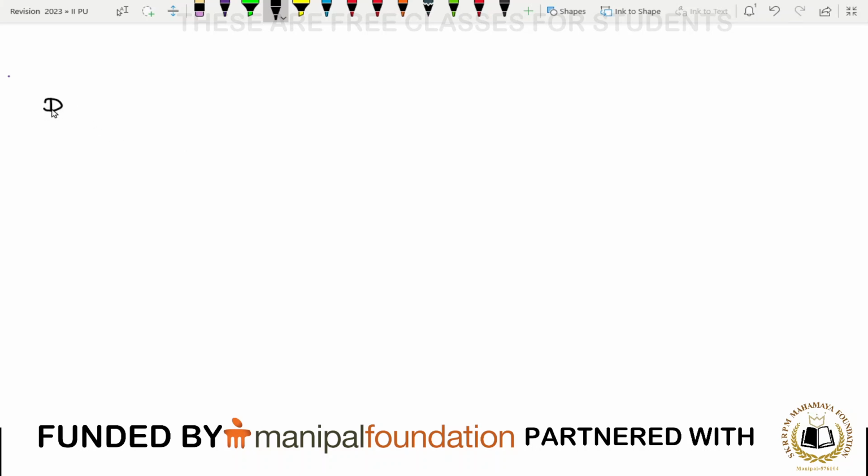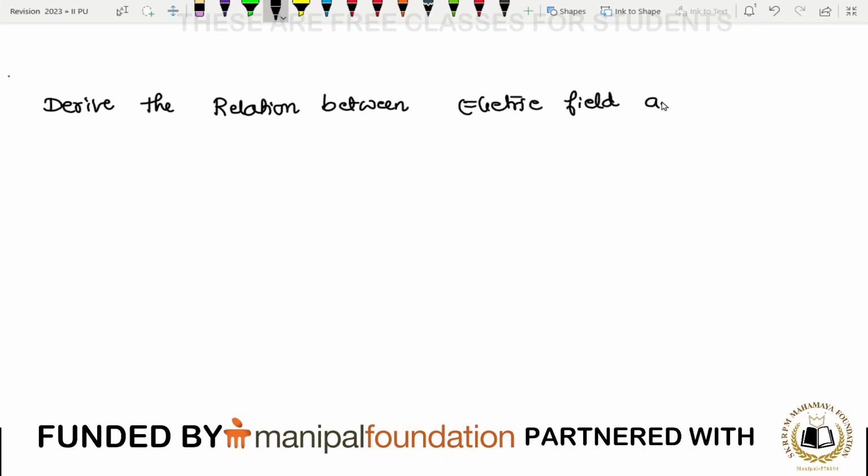Derive the relation between electric field and electric potential.